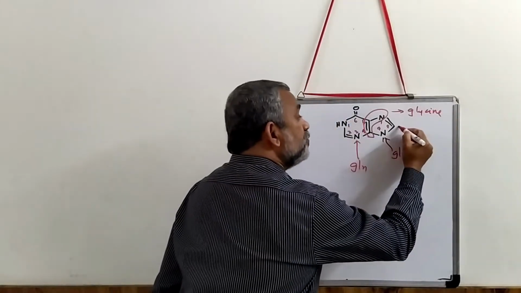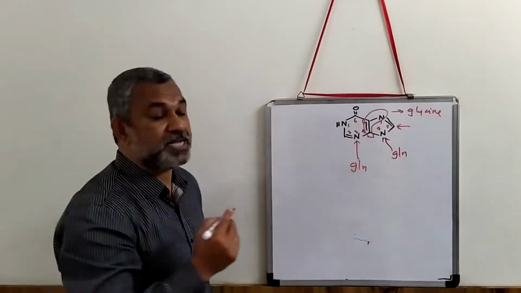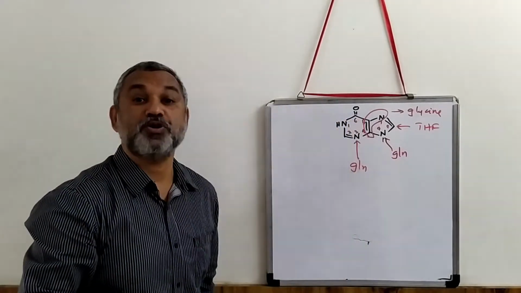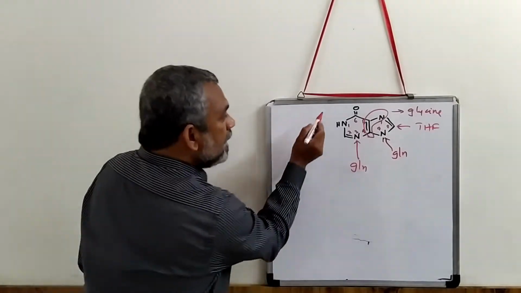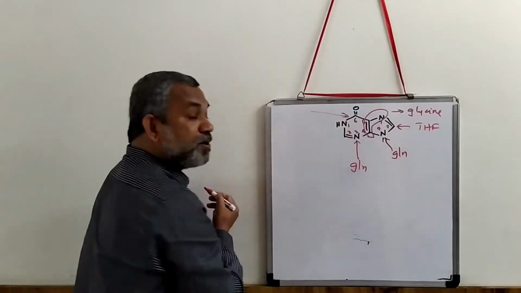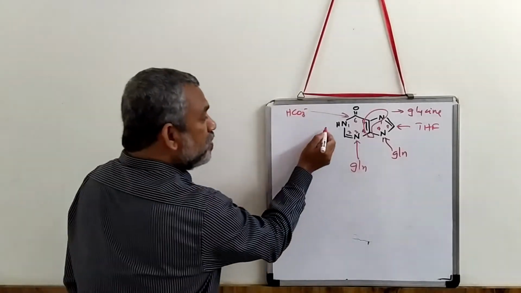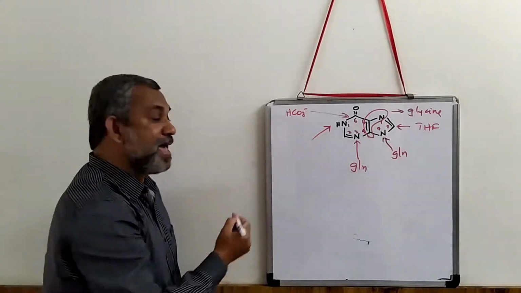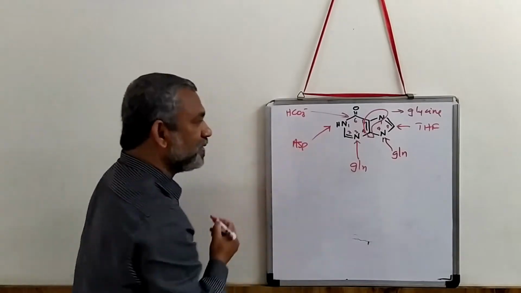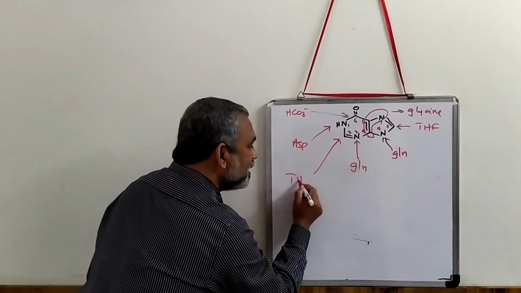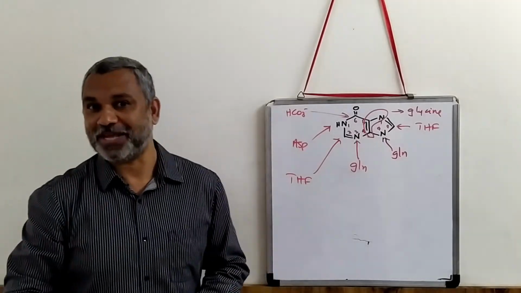Number 8, that carbon is contributed by tetrahydrofolate. Number 6 carbon is contributed by a bicarbonate ion. Number 1 is contributed by an aspartate. And finally, number 2 is contributed by another tetrahydrofolate.